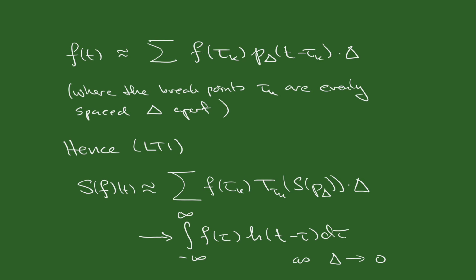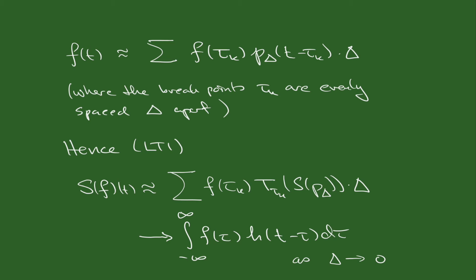And if we look at the terms in this sum a little bit more carefully, we can convince ourselves that it will actually converge to an integral of f of tau times h of t minus tau d tau. And with some reasonable assumptions on the linear system, all of these approximately equal and hand-waving convergence can be made precise.